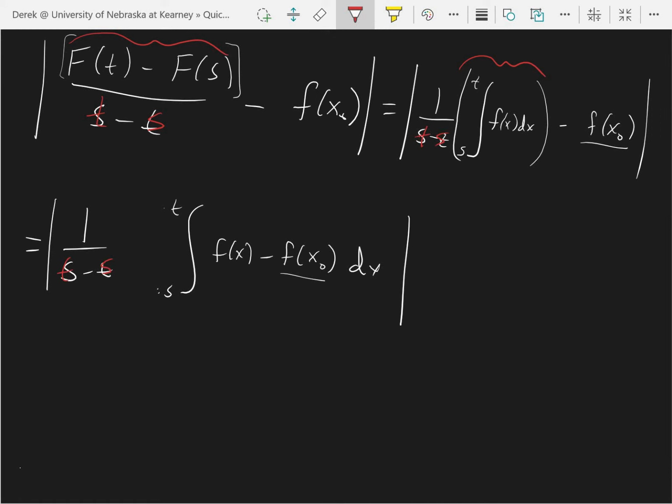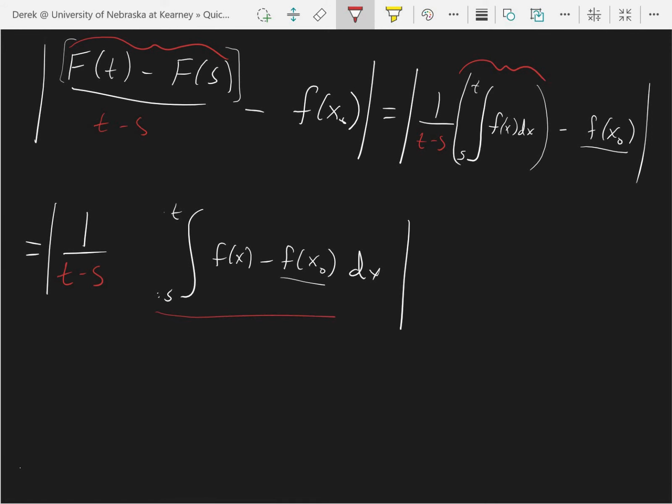So the length of the interval that I'm integrating on is t minus s, and I'm integrating a constant on there.